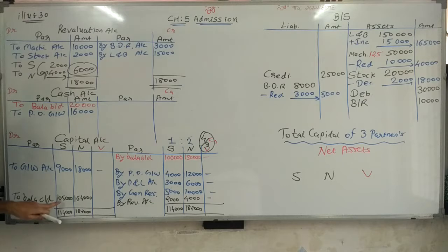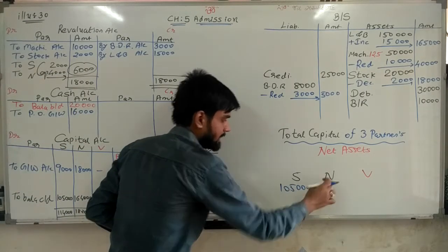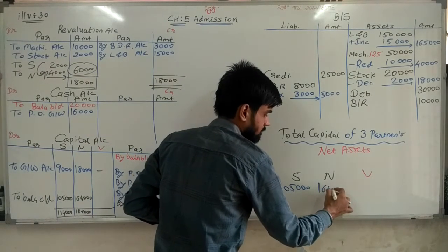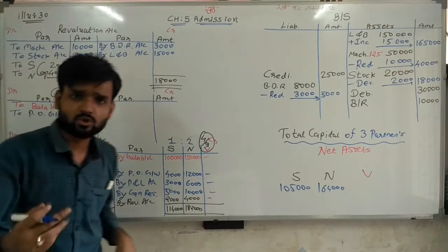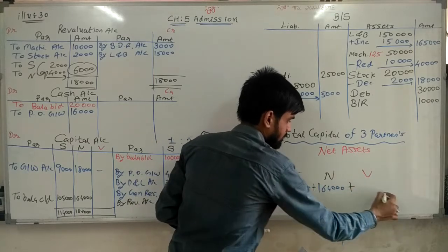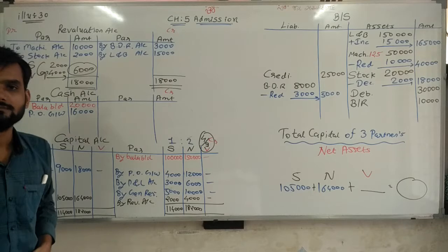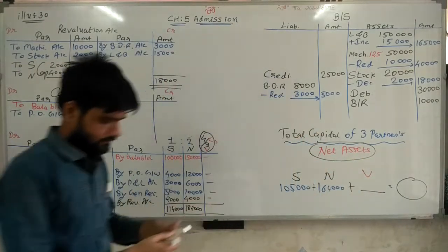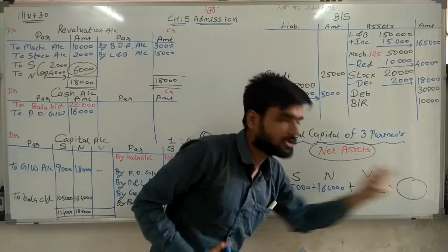See, 105,000 and 164,000. We don't know V's capital, so I cannot make the total. So I don't know net asset.